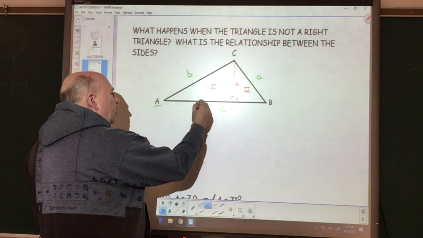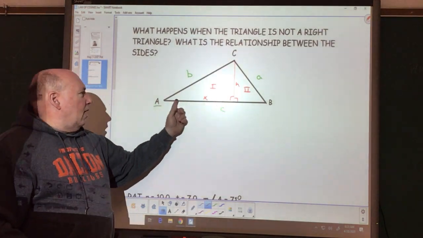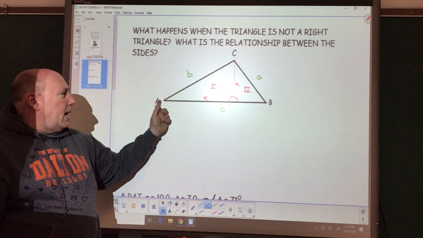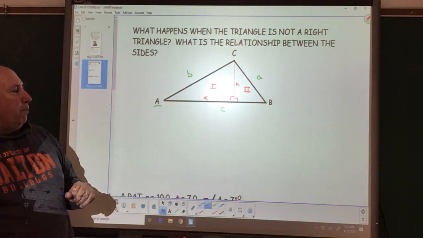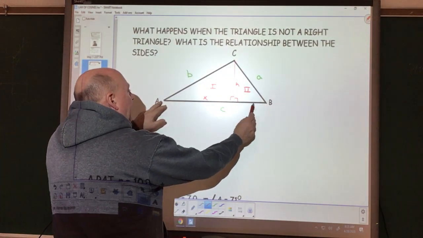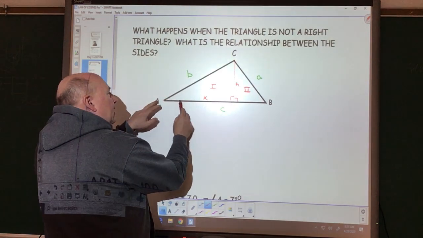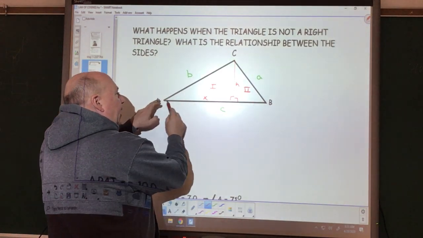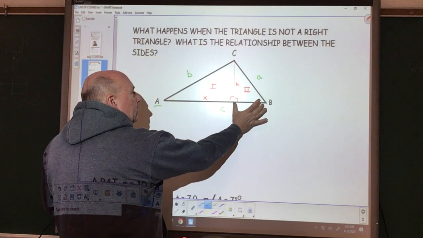I need to introduce another variable, an x, which is going to be the length of this right here at the bottom of my triangle number 1. Well, if the entire length is c and this length is x, what is the measure from the altitude to angle B? What is this measure right here?